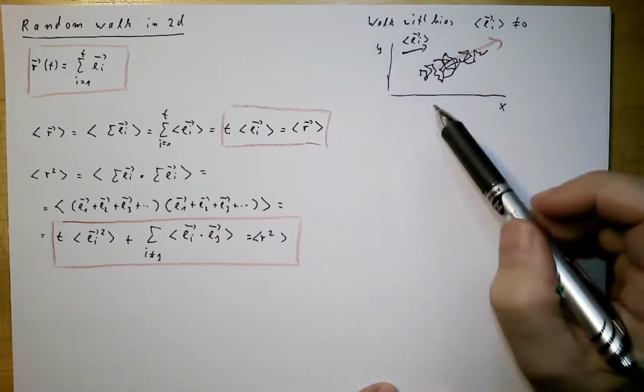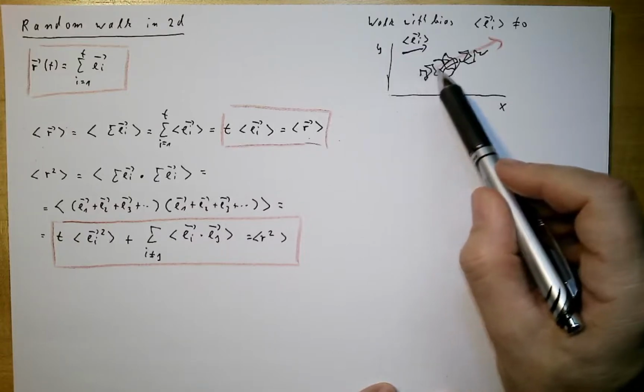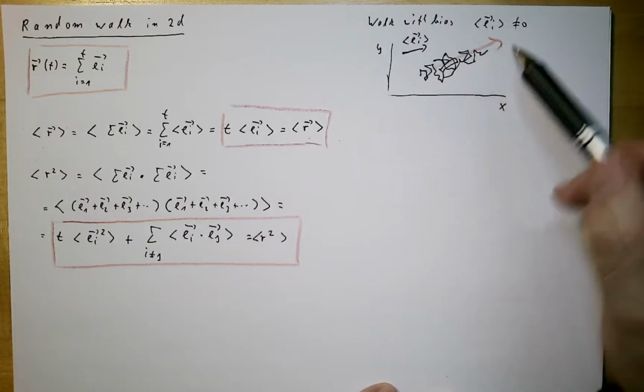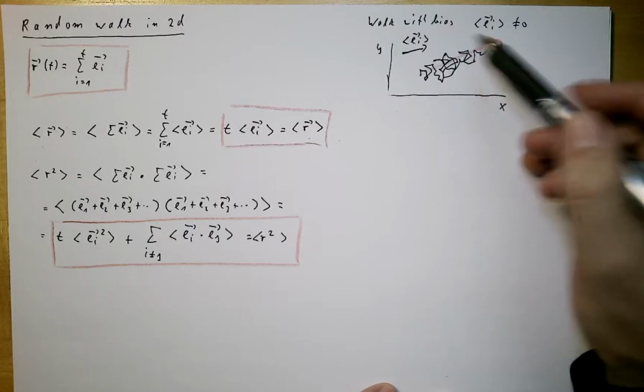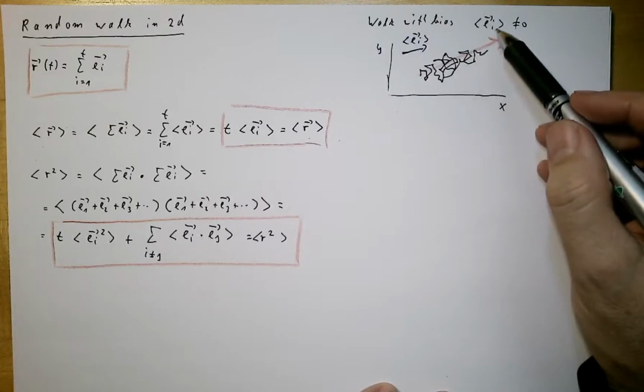And then, as usual, we can go to a coordinate system which moves with the bias, and then the remainder of this walk is a walker with bias 0.